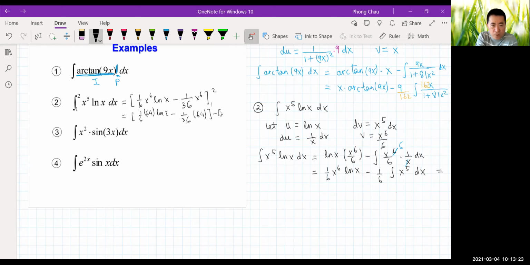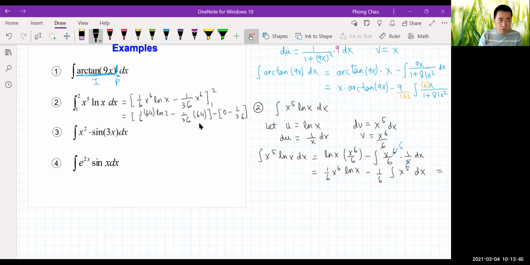And then you subtract, plug 1 in. Notice that the natural log of 1 is really 0, so that term is 0. And the 1 to the 6 will be 1 over 36, and you do the math there. I leave it to you to finish the math.